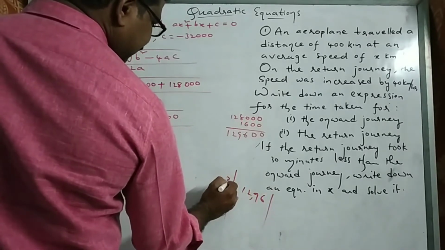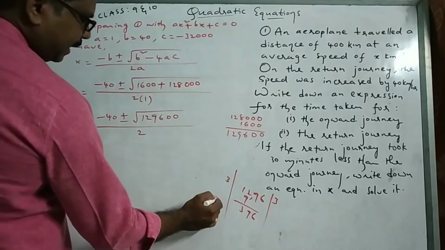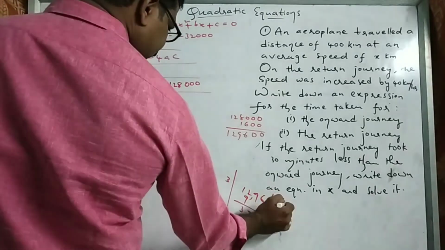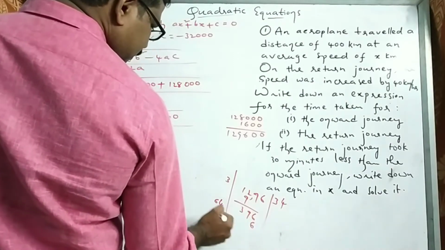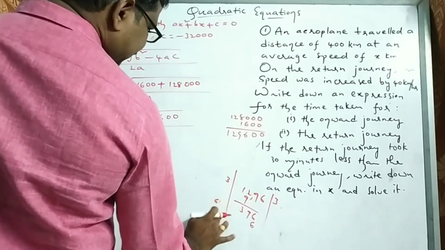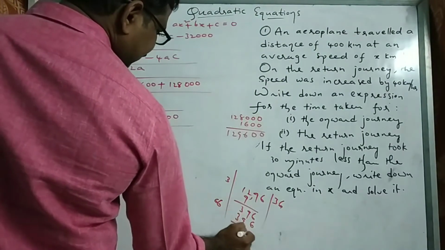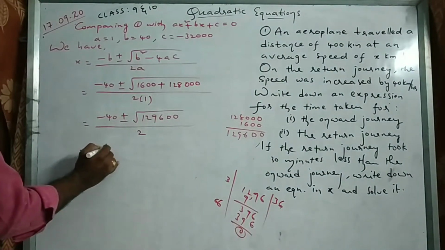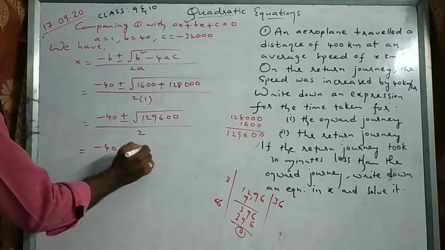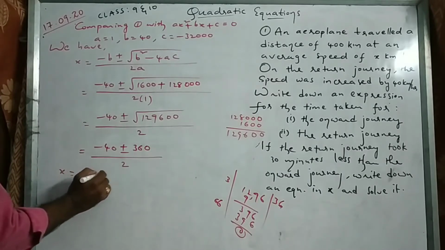You take 3 3s 9, remainder 96, bring it down. 3 double 6, last digit is 6 here. 4 4s are 16, 4 6s are 24 plus 1, 25, not enough. So I think it is 6. 6 6s are 36, right? Correct.